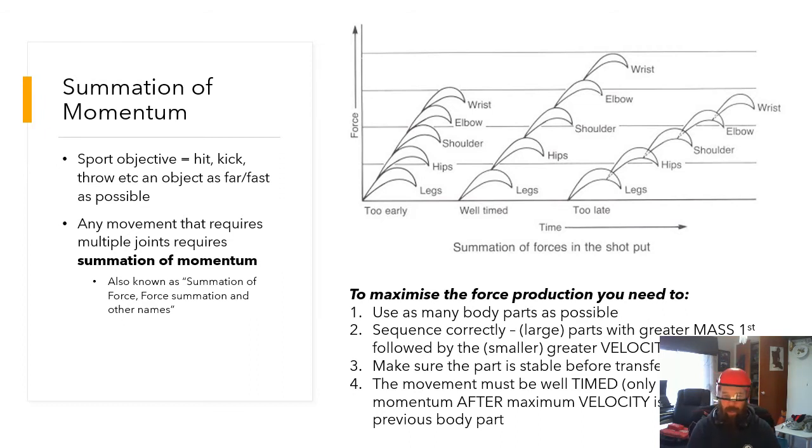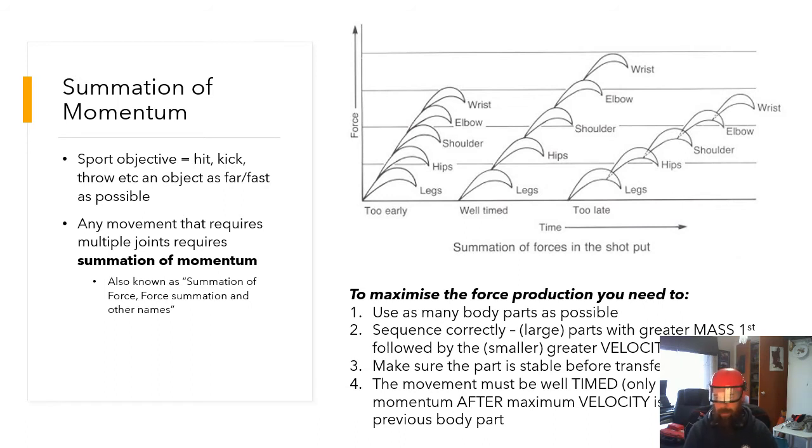Start with the large parts with the greater mass first, followed by those smaller mass parts that have greater velocity. Then you need to make sure that each of those different parts are stable and balanced before transferring the momentum onto the next part, and we'll look at an example in the next slide.